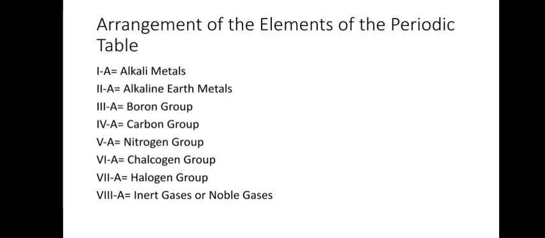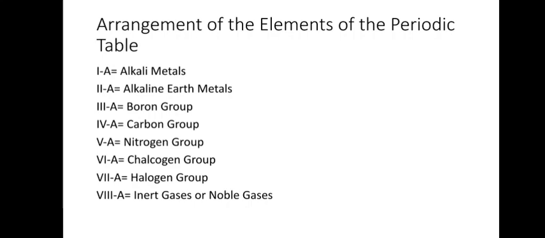And then we have 5A, the nitrogen group, which starts from 4th from the right, the N, nitrogen, to phosphorus, and so on. And also we have the chalcogen group, the 6A. It's from oxygen, 3rd from the right, to sulfur, and down towards.